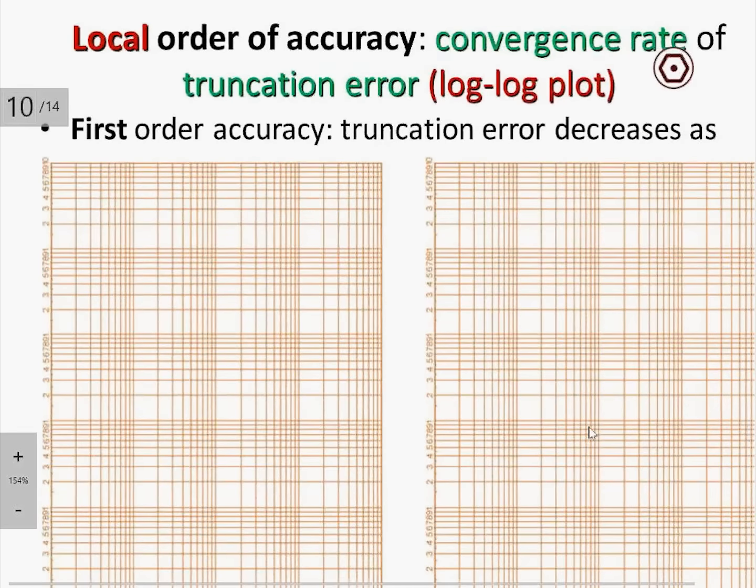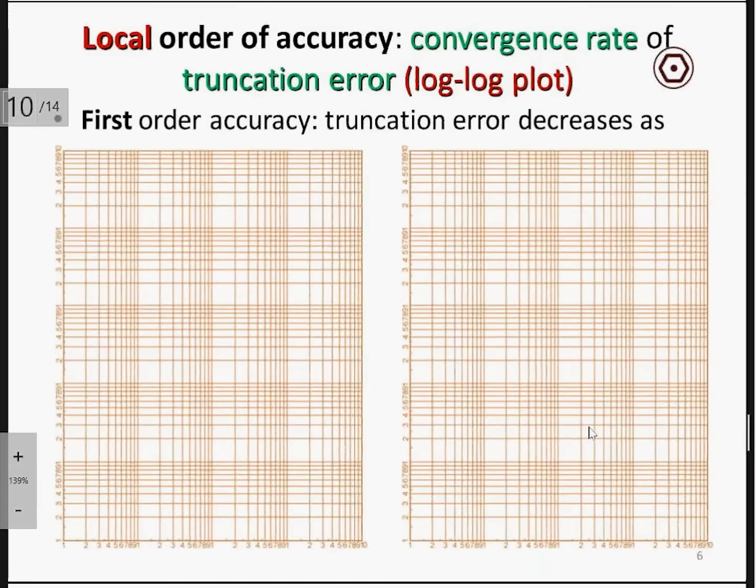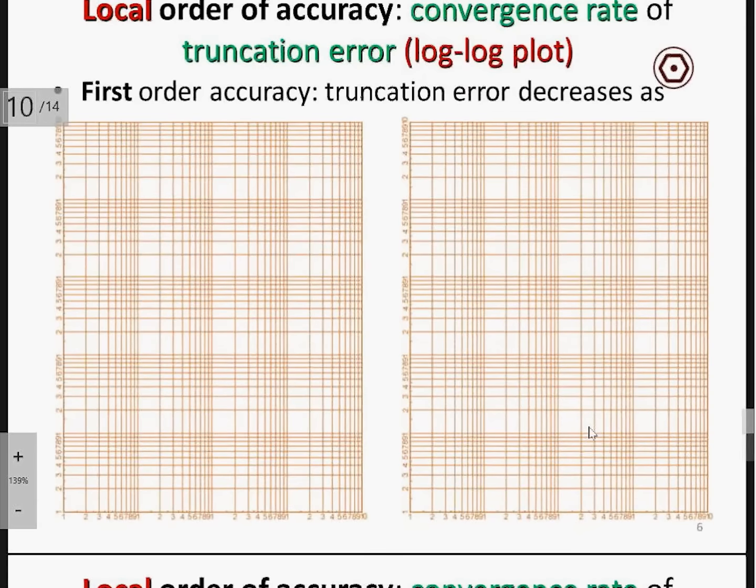So this is how we usually visualize the order of accuracy. Let's say the x-axis is delta t, and let's say this is a first order accurate scheme. Delta t, let's say, is 1 here, 0.1 here, 0.01 here, 0.001 here. When you have 1, I get a pretty big error, let's say here.